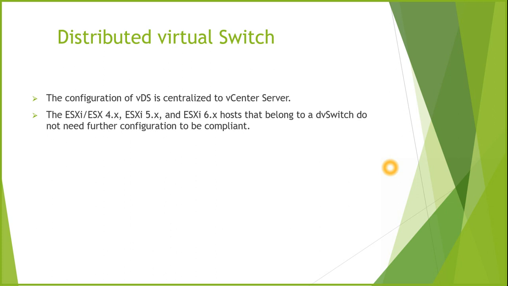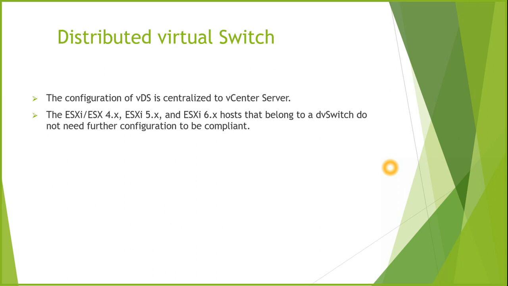The ESXi started from ESX 4.x, so they have different versions for ESX5 and different versions for ESX6. There are some fundamental differences in there, but from the point of view of how we would use it in daily life, it's nothing different than how a standard virtual switch works.